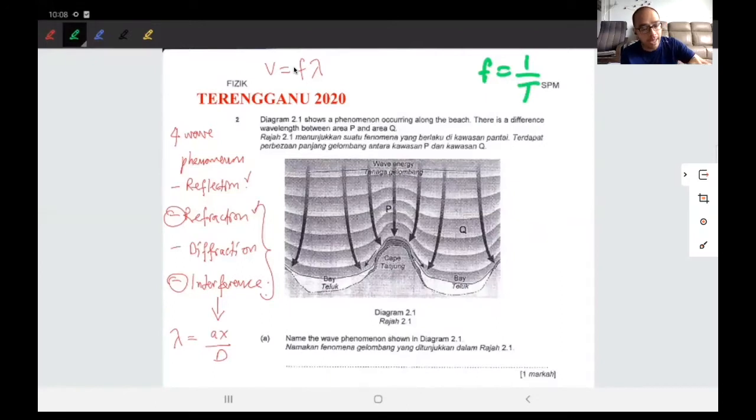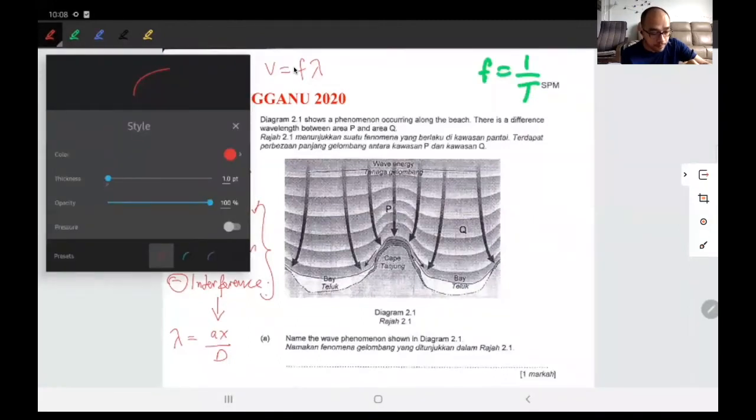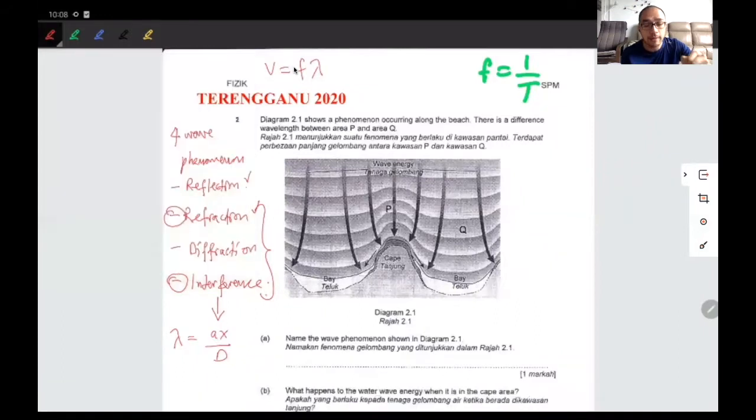But to be fair, V equals to F lambda and lambda equals to AX over D are the only ones that matter in wave. Especially V equals to F lambda. This is a very popular formula that we will see soon enough.